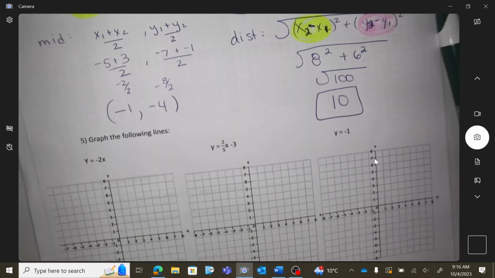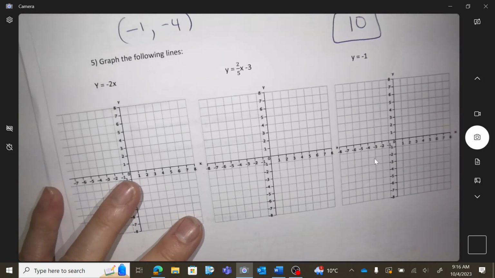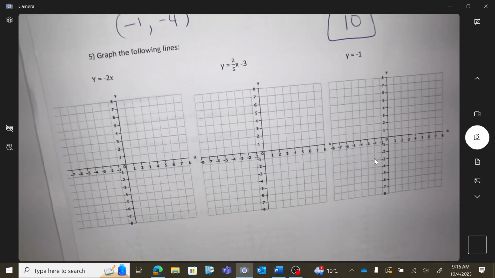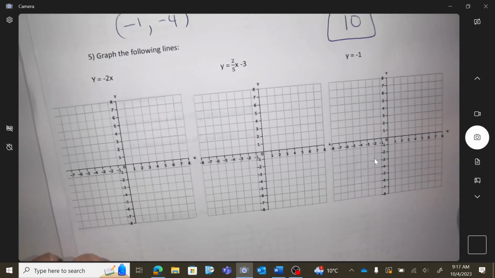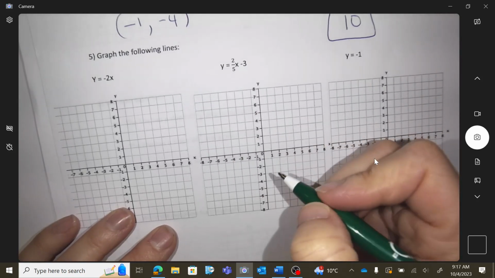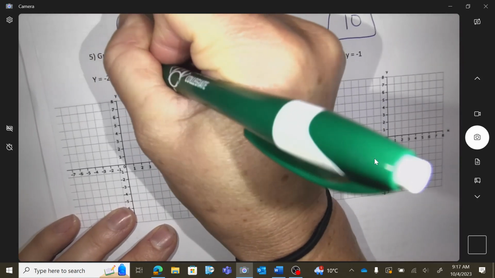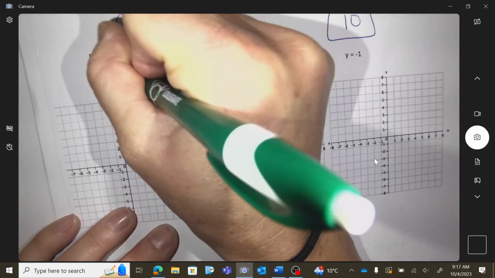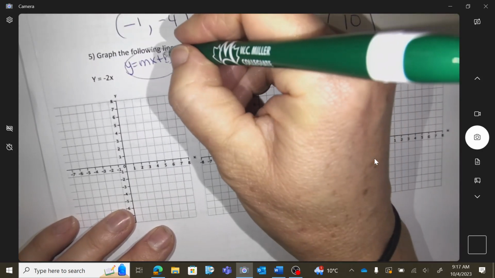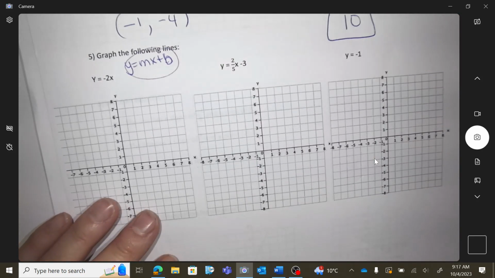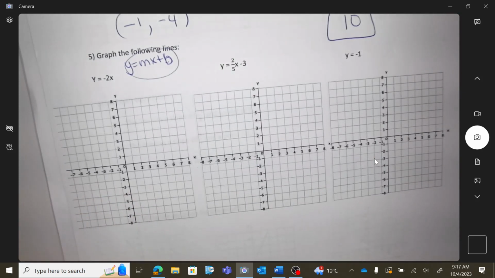Okay, graphing lines. So a bunch of random graphs I'm going to give you. You've got to figure out which style you want. So on this first one, I'm going to be thinking about y equals mx plus b as my method. So if I'm looking on my formula sheet, I think, oh, I want to use that.